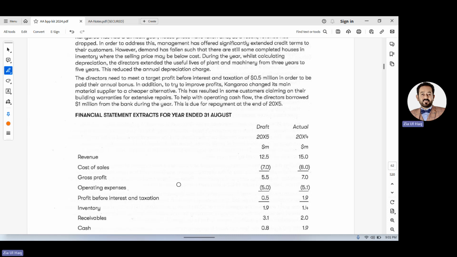Please keep in mind, to pass this paper in this attempt, you have to spend 200 hours studying this paper. 50 hours we will cover in the classes. The remaining 150 hours you have to spend at home.